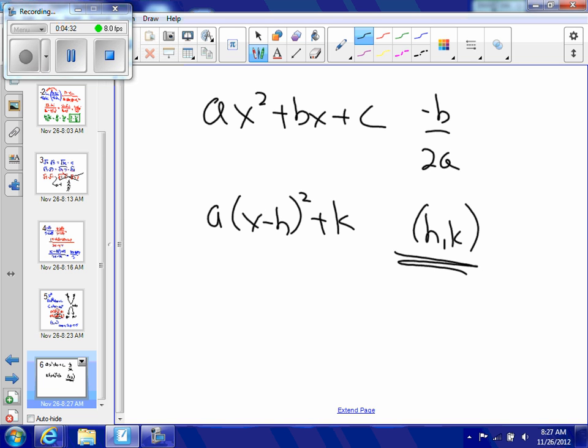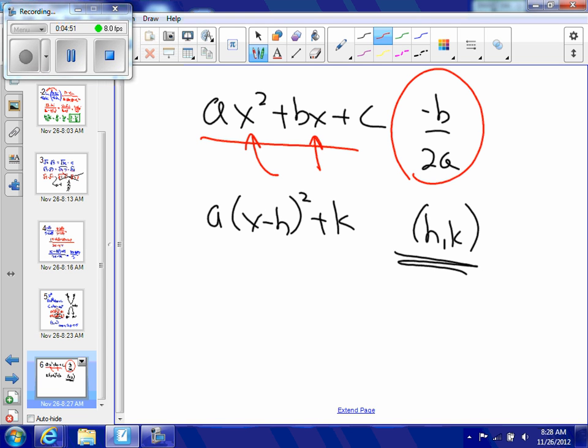If I have it in standard form and I have to do negative b over 2a, once I calculate that value, I have to plug it in for x in my original equation.